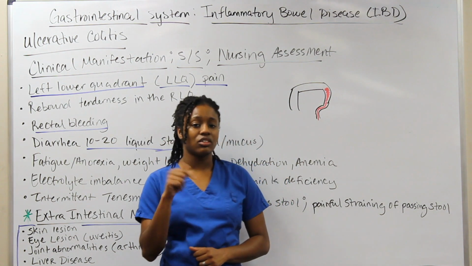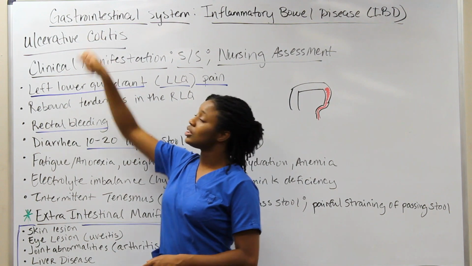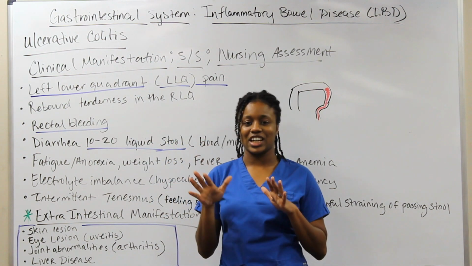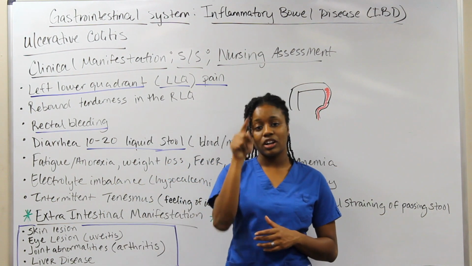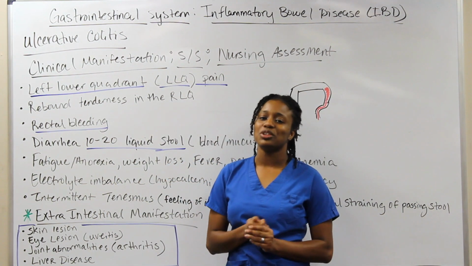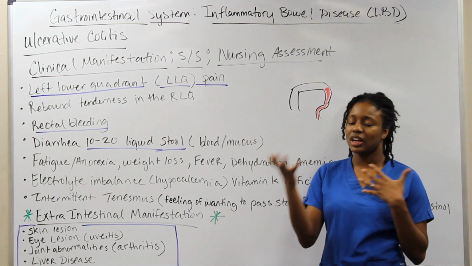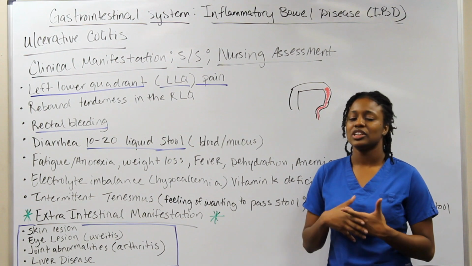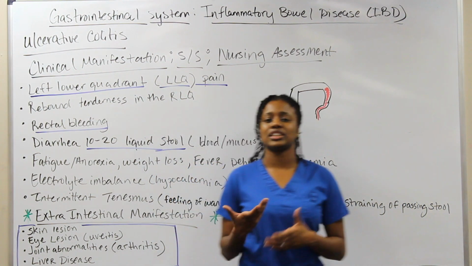So you can think of the L in ulcerative colitis, the L for the left side, all right? And for Crohn's disease, we have the R for Crohn's, and we know that is the right side, okay? However you have to do it, try your best to remember, because this is your typical type of question that they like to ask, okay?